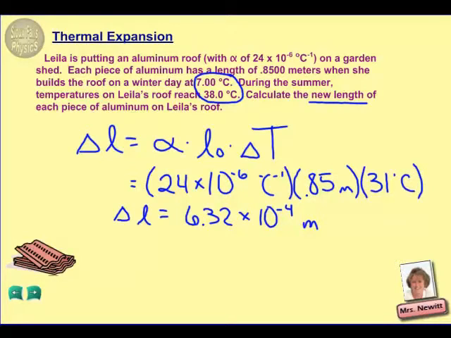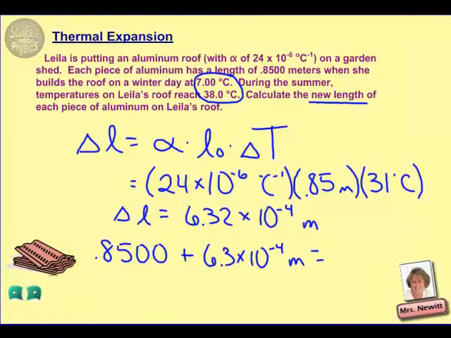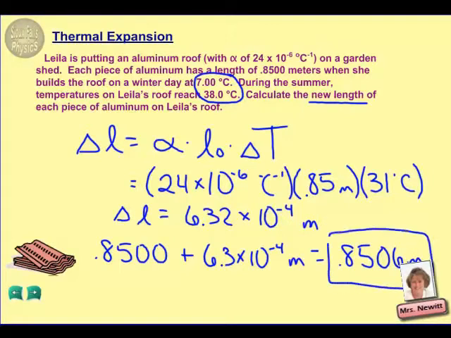It would be greater than our original, and so we would take our original of 0.8500, add on our change of 6.3 times 10 to the negative 4th, and we have a new length of 0.8506 meters. Again, notice very, very small change from that change in temperature.